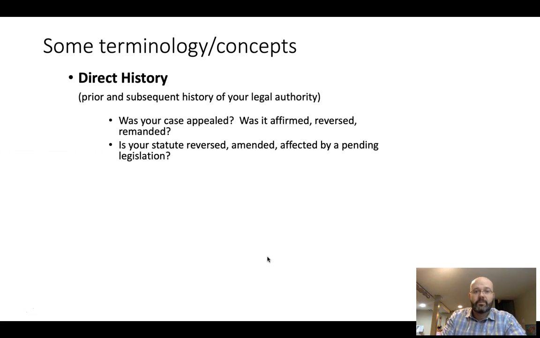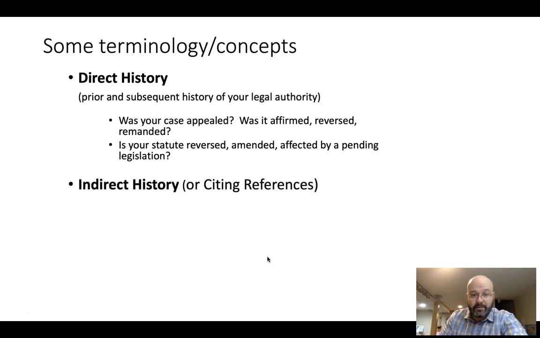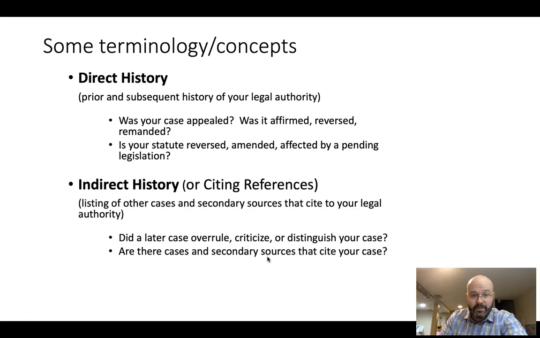So some terminology, concepts, direct history. So prior and subsequent history of your legal authority, your case that you're looking at. Was this case that you're looking at appealed? Was it affirmed, reversed, remanded? Same thing with statutes. Do you have a statute that's reversed, amended, affected by pending legislation? That's different from indirect history or citing references.